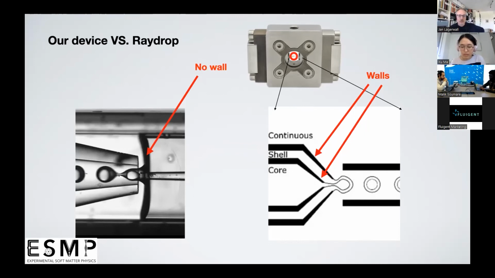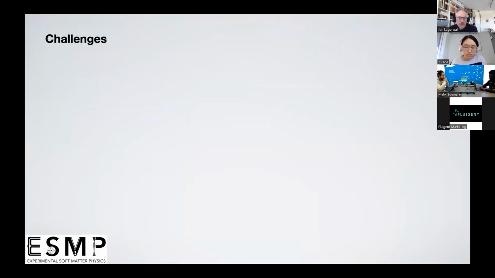So we really hope to use this Rejob device to achieve the mass production of our monodisperse cholesteric spherical reflectors.